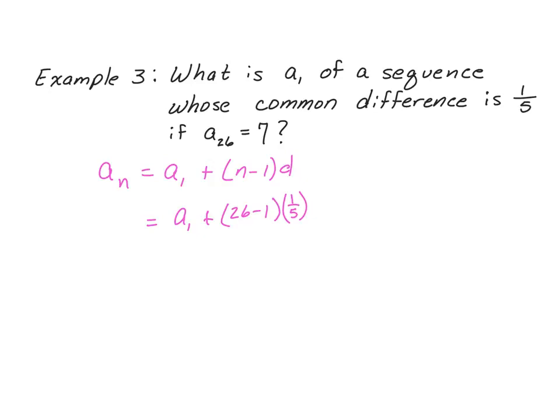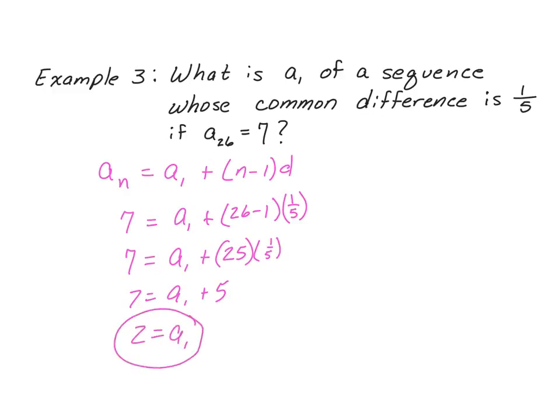But we know the value of a sub 26 is 7, so we're going to replace this with 7. Now we can work this problem out. 7 would equal a sub 1 plus 25 times 1/5. 25 times 1/5 is 5, which means a sub 1 is equal to 2.